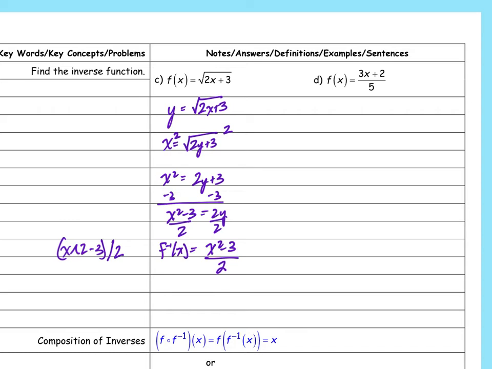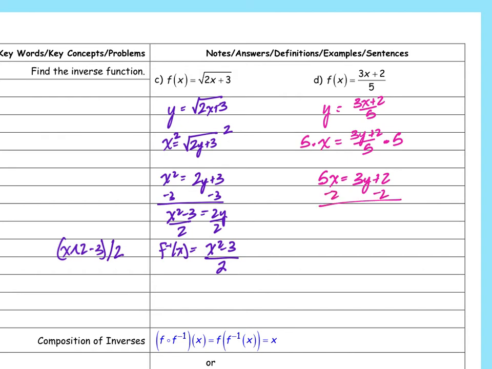Okay, next one. So y equals 3x plus 2, divided by 5. Switch my x and my y. So x equals 3y plus 2, divided by 5. Take care of the fraction, multiply by the denominator. So I've got 5x equals 3y plus 2.